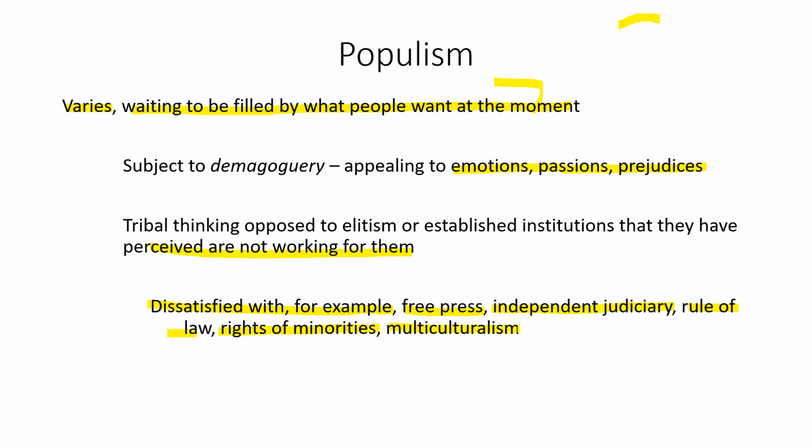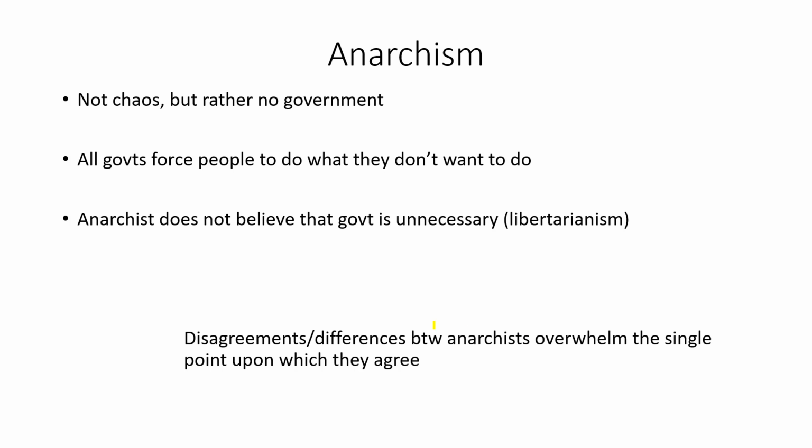Those are some things that can appeal to people who are driven by their passions, by their emotions, by their prejudices, and then somebody can come along and capitalize on that. An opportunist is a good example of someone that might do that and then rally those people into a base group that could support them.